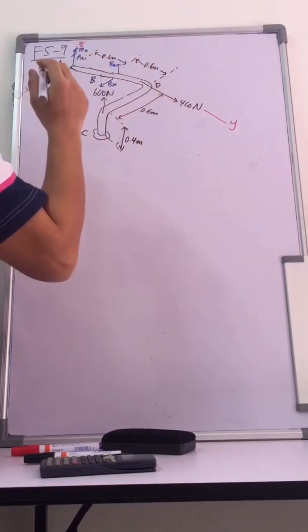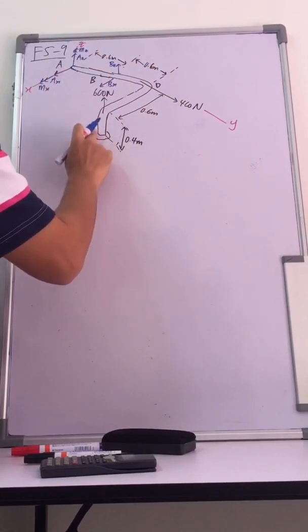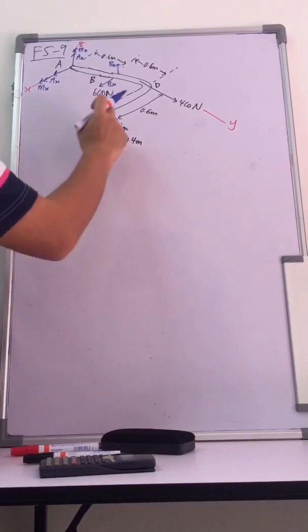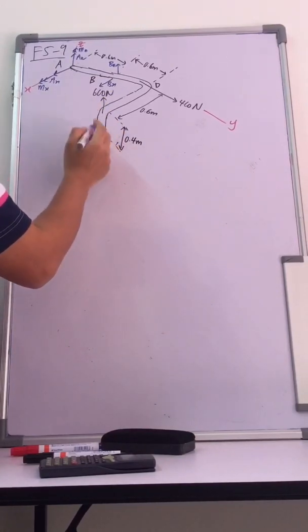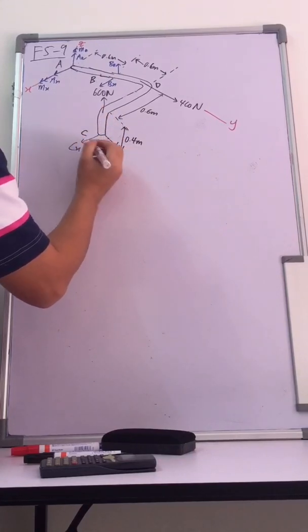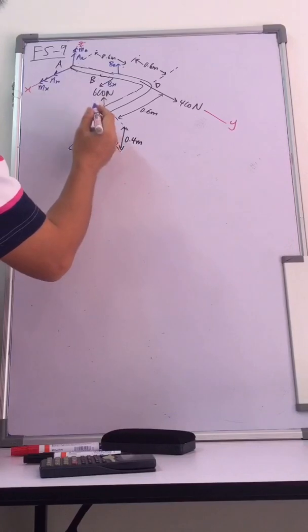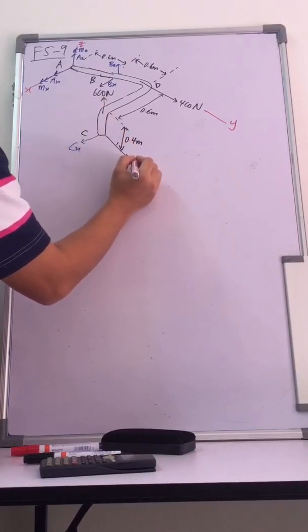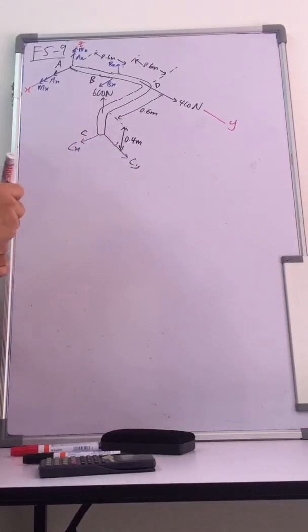Okay? And at C, the third support, you have what? It is not this, and this is correct, but this is CX, right? CX. And you have CZ? No. Now the direction is in this direction. CY.